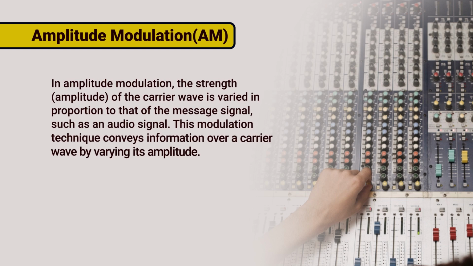In amplitude modulation, the amplitude or strength of the carrier wave is varied in proportion to that of the message signal, while the frequency and phase of the carrier signal are constant. This modulation technique conveys information over the carrier wave by varying its amplitude.